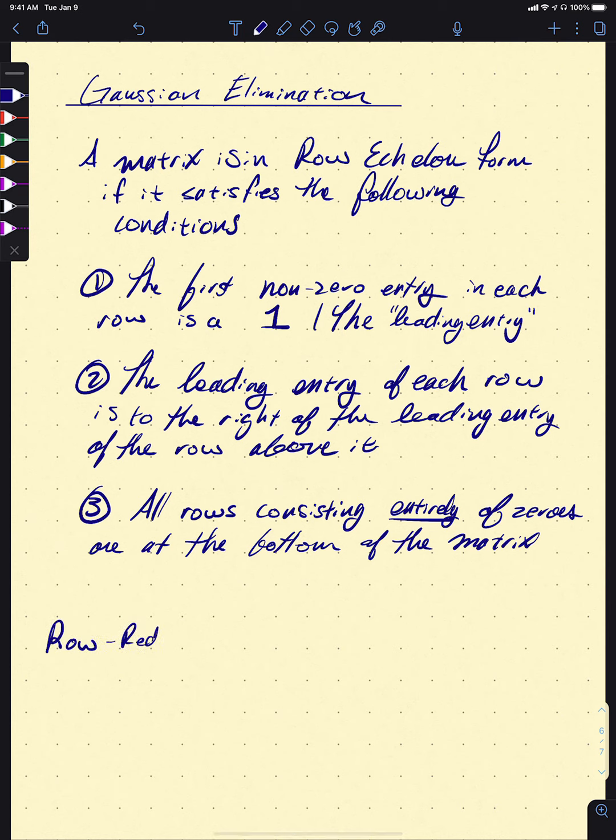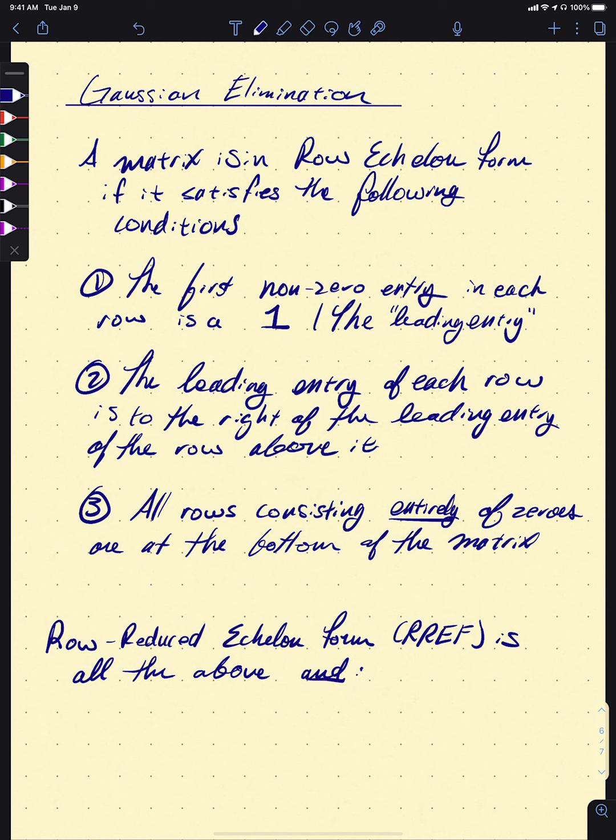And that's row reduced echelon form. It's often abbreviated RREF, okay? And RREF, it's all of the above, and the following condition.